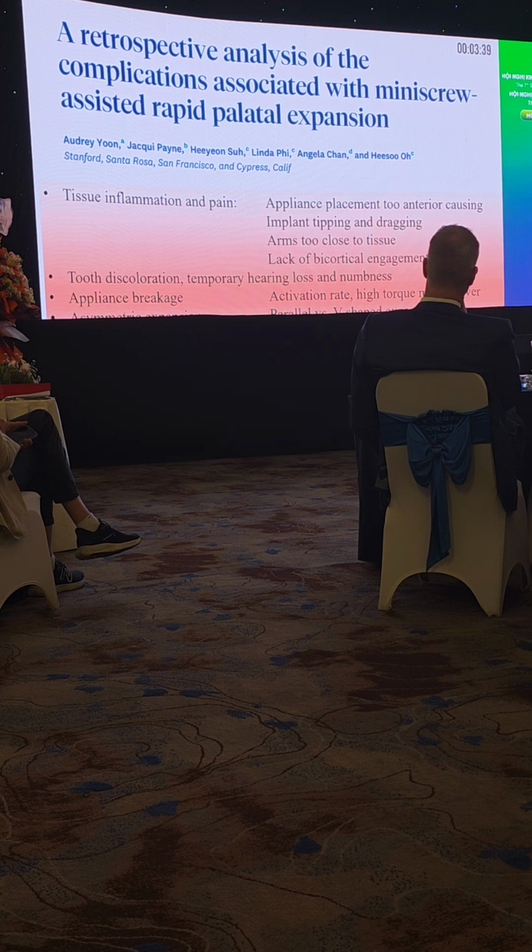there is always the dark side about using mini screws, right? It's not like it's totally problem-free, alright? You can get tooth discoloration, you can have appliance break, asymmetric expansion, alright? How do orthodontists take care of asymmetric expansion?